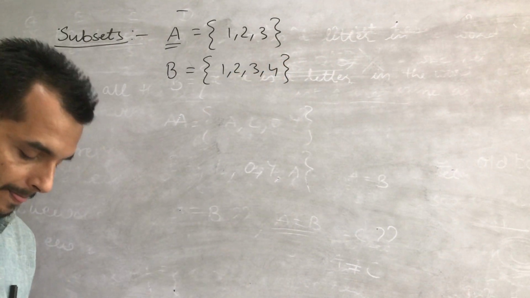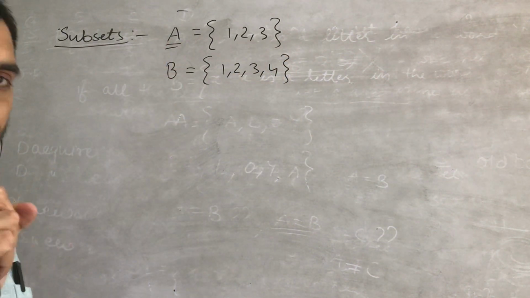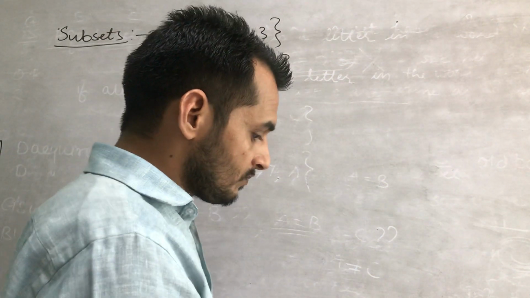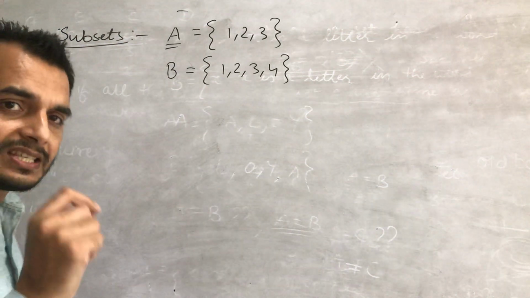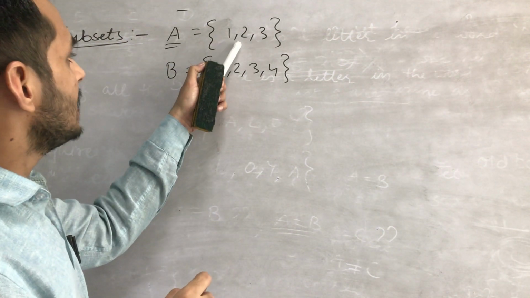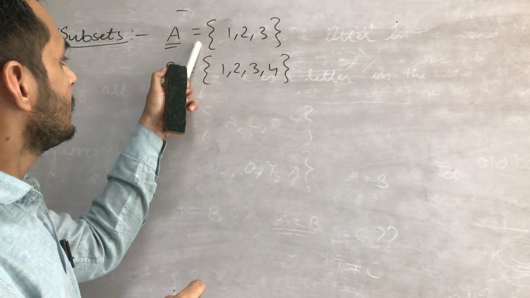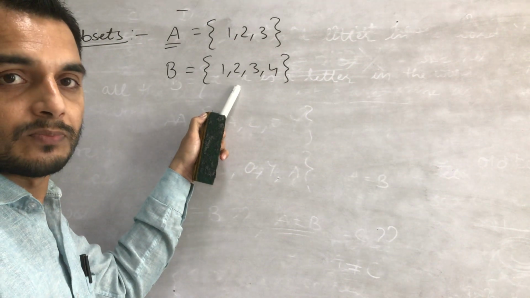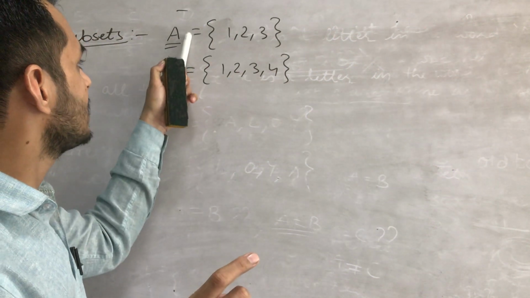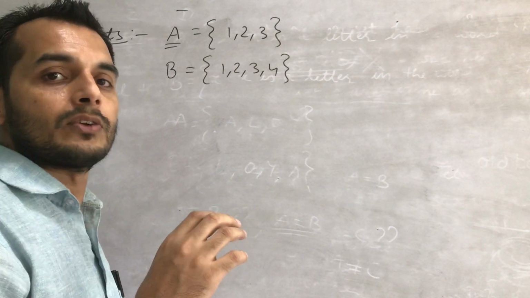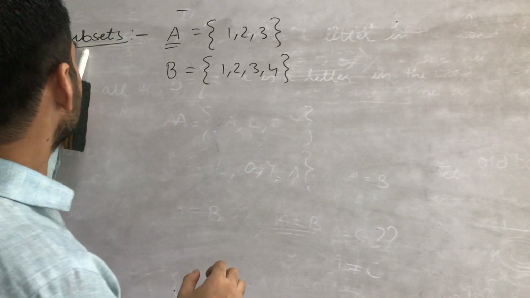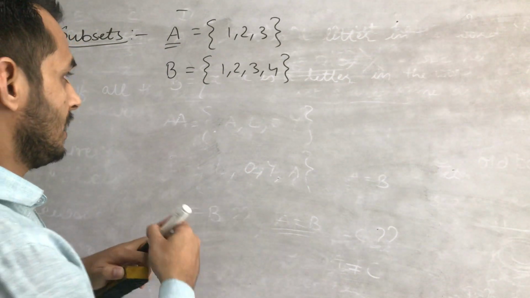Now set A is not equal to set B, but you can see that all the elements of set A are in set B. From here we define the concept of subsets.